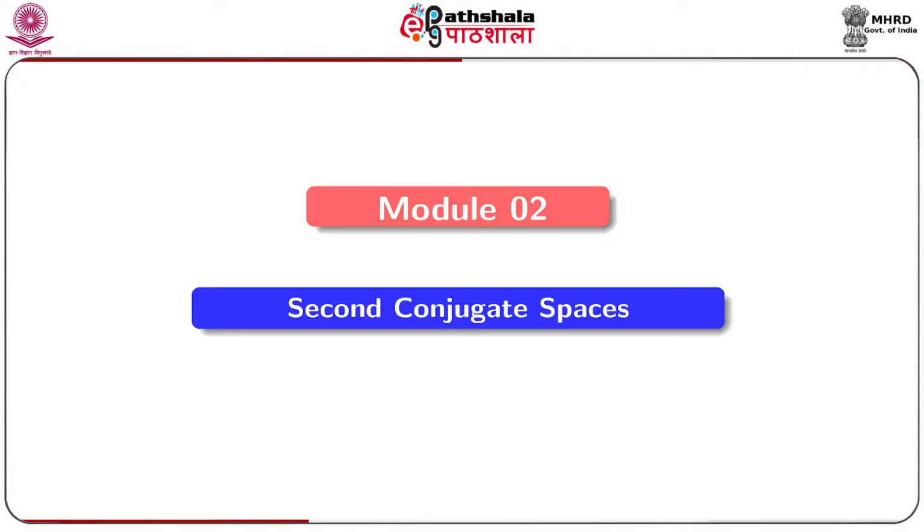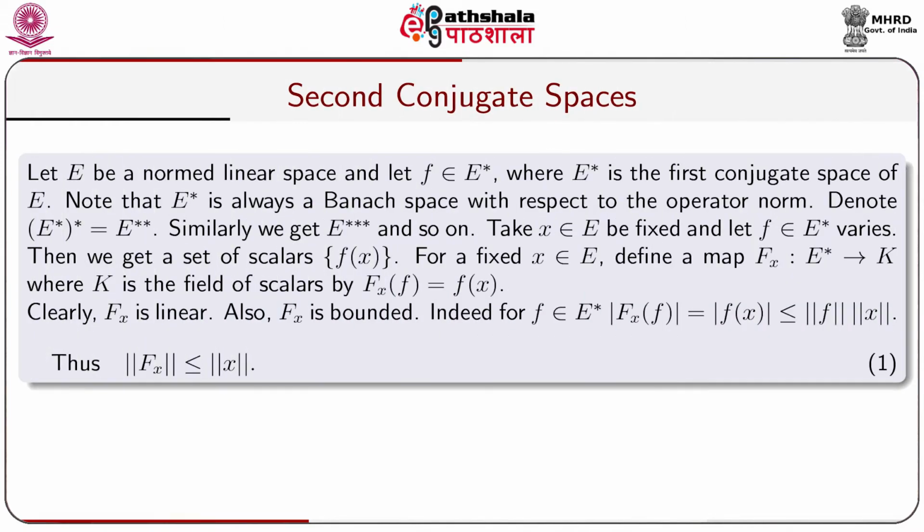Let us now start module 2 of chapter 8. The title of module 2 is second conjugate spaces. Let E be a normed linear space and let f belong to E star, where E star is the first conjugate space of E. That means E star is the collection of all bounded linear functionals over E. It is to be noted that the collection of all bounded linear functionals E star is always a Banach space with respect to the operator norm.